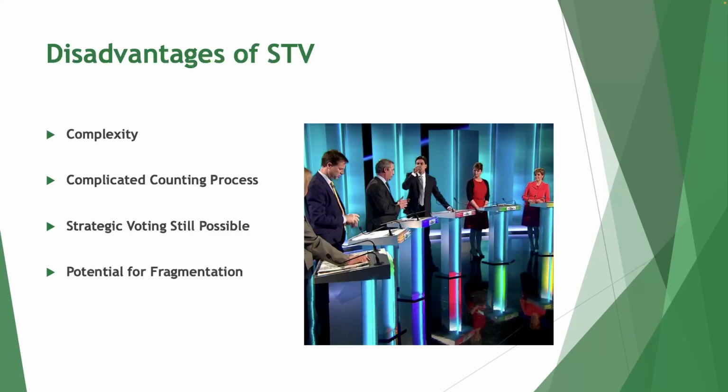Penultimately, then, this can lead also to fragmentation. In constituencies where there are many candidates, the process of elimination and the transfer of votes may result in a fragmented outcome. This is where you have elected candidates representing a wide range of parties or groups with a wide range of ideological disparities.